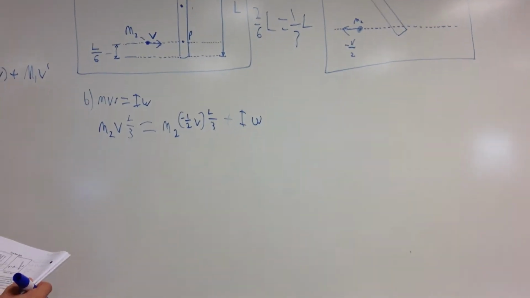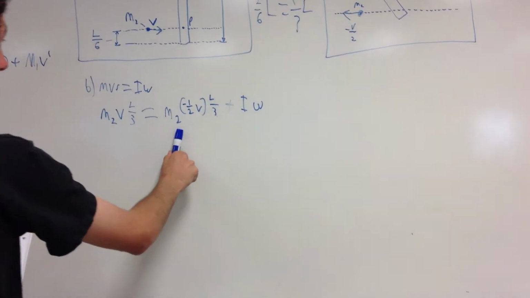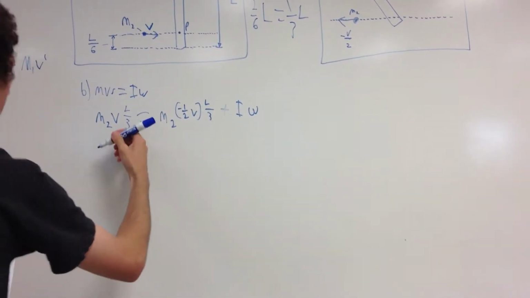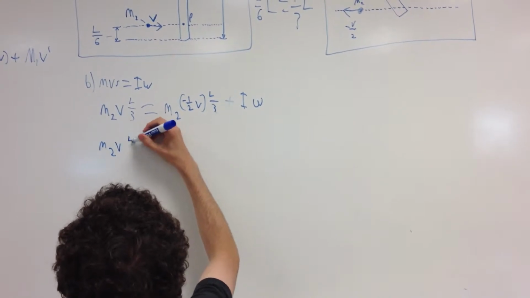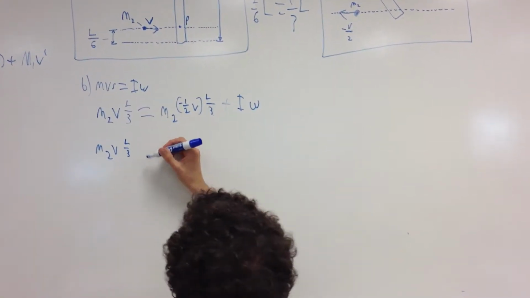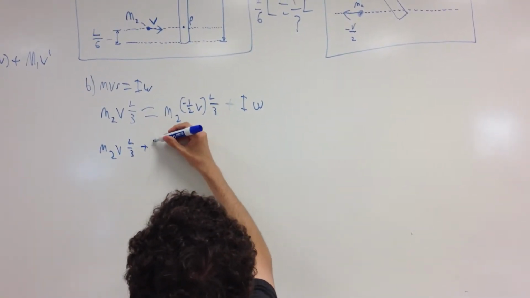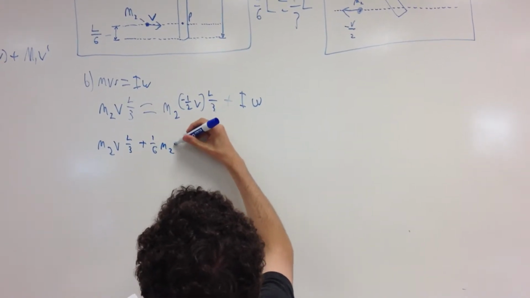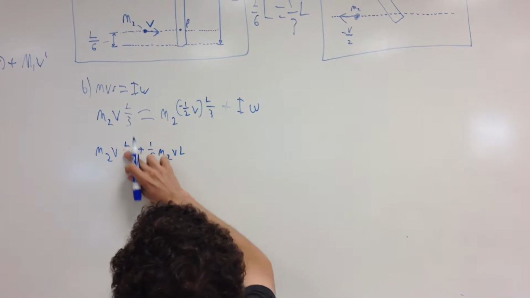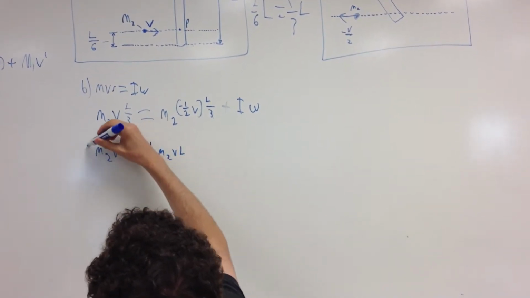So if we begin to solve this, I move this over to this side. So I'm going to get m2 v L over 3 plus 1/6 m2 v L. I'm going to move this 1/3 out to the front.